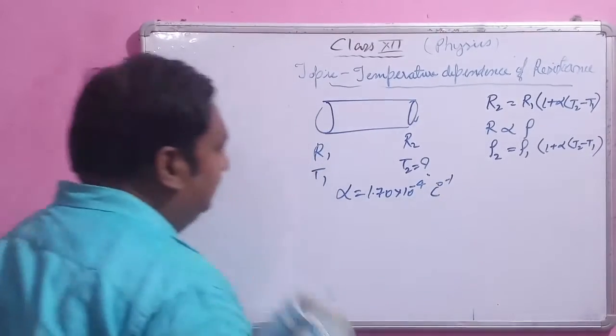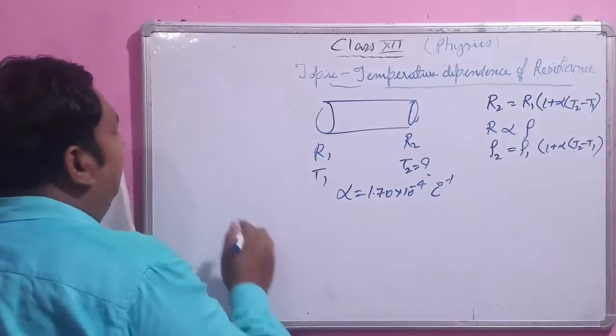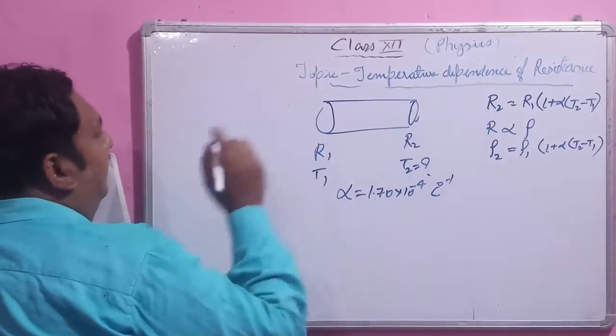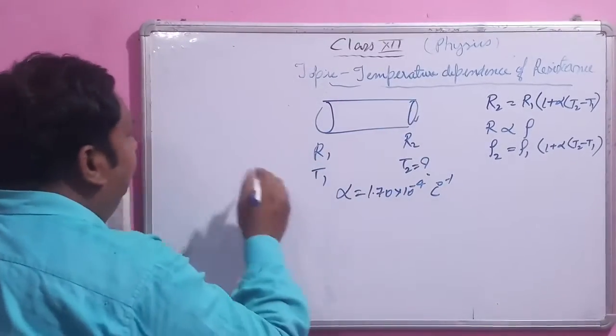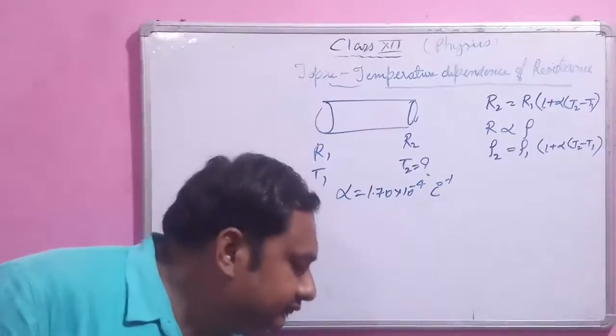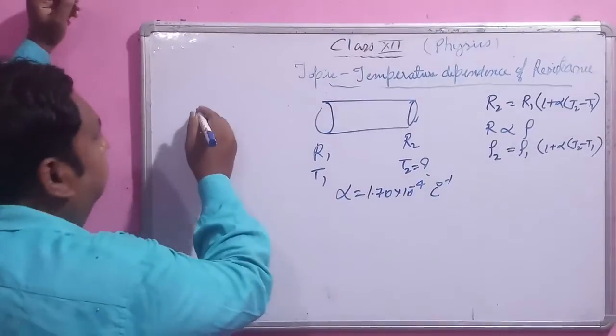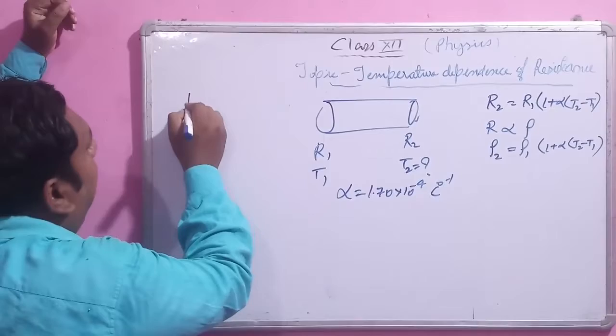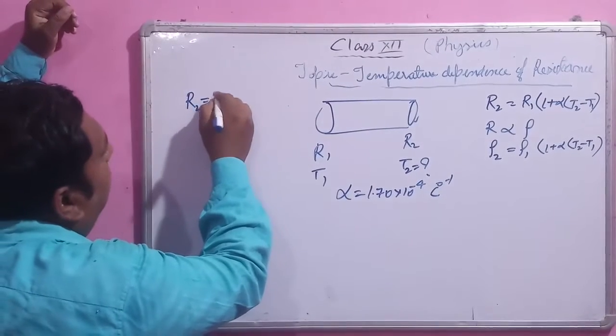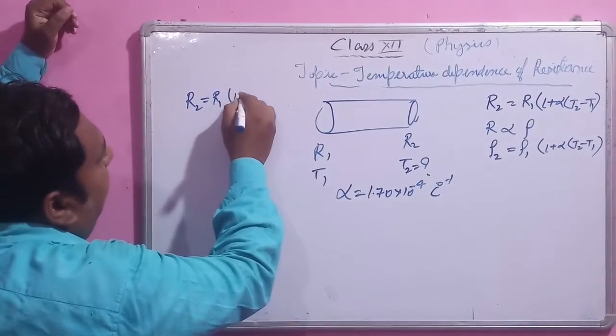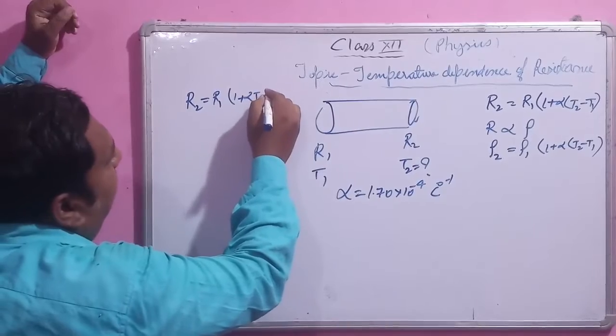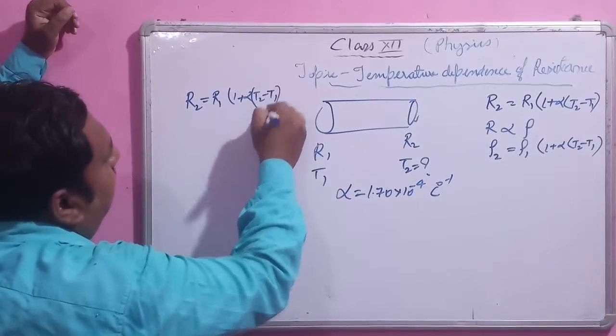Now we can apply this equation: R2 equal to R1 into 1 plus alpha into T2 minus T1.